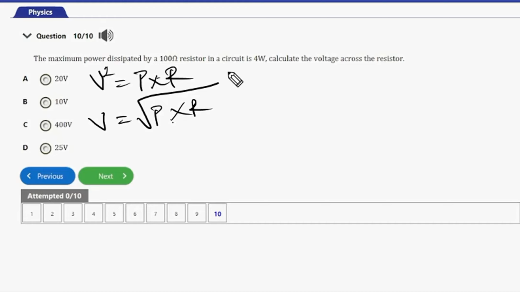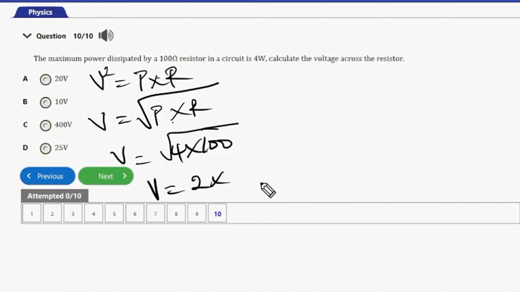The resistance is given, the power is given, so V now is going to be the square root of 4 times 100. So guys, this will be actually square root of 4 is 2 and square root of 100 is 10. So V is equal to 2 times 10, and that's 20. So this will be 20 volts, and that's option A here.